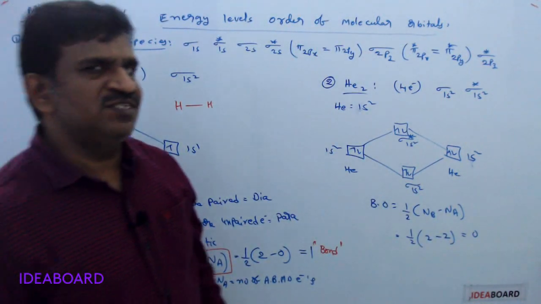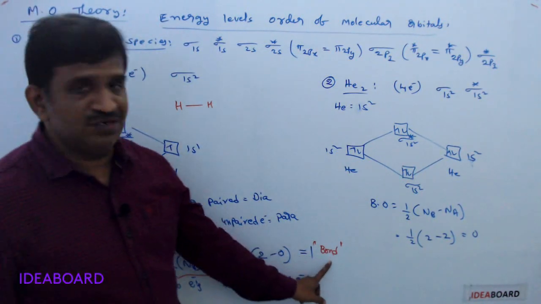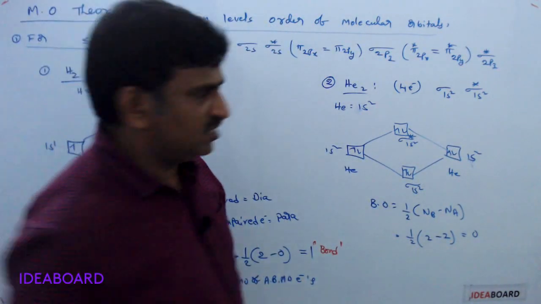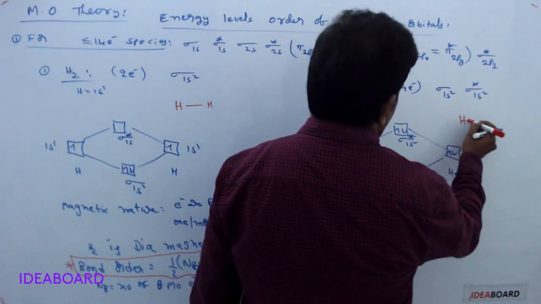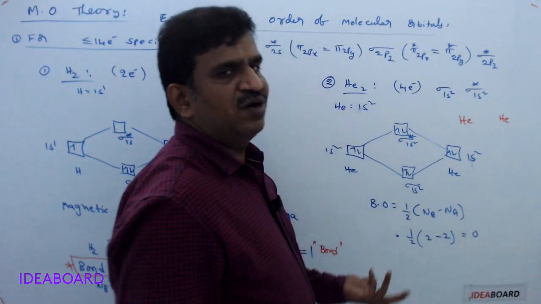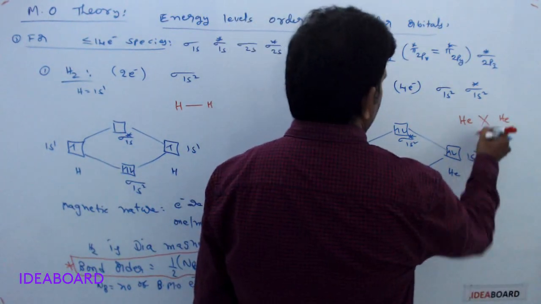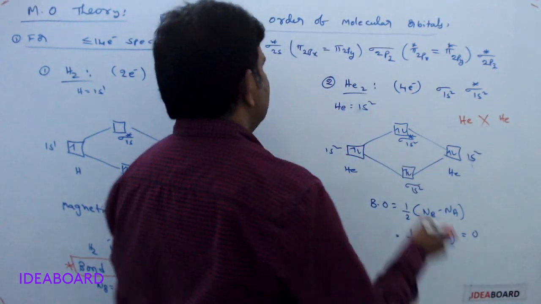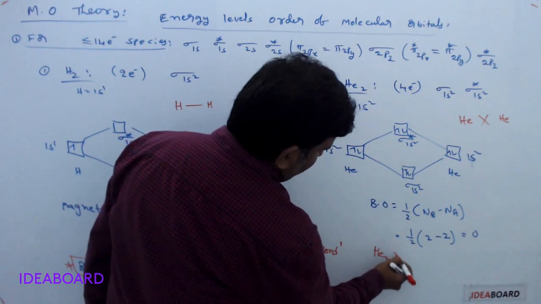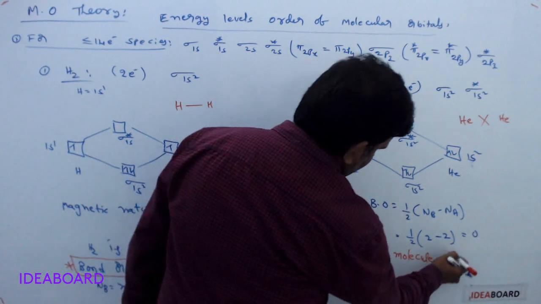Bond order 0 means what? Bond order is equal to the number of bonds between two atoms. Between two helium atoms, how many bonds are present? No bonds, 0 bonds. So no bonding, which means the He2 molecule doesn't exist.